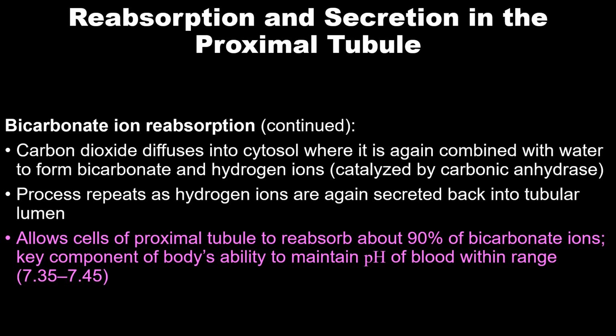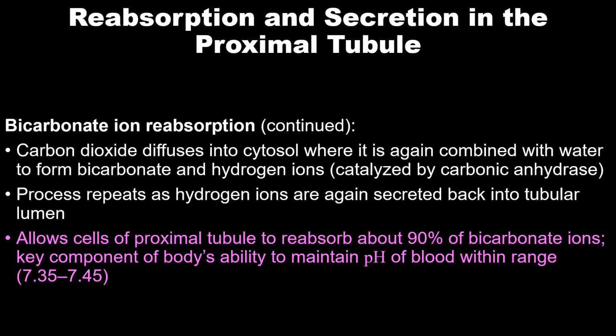Hydrogen ions are secreted from the cytosol of these tubular cells into the filtrate. This hydrogen ion will react with bicarbonate ions to form carbonic acid. This carbonic acid is going to be converted by carbonic anhydrase to reform carbon dioxide and water, and this is done via the carbonic anhydrase found on the apical plasma membrane of the tubular cell.